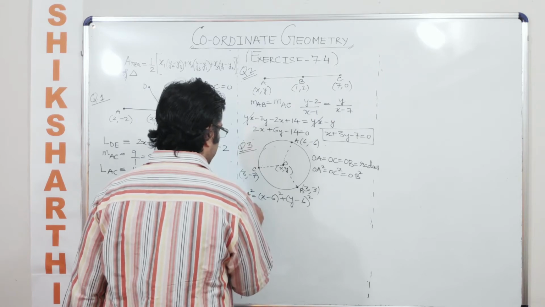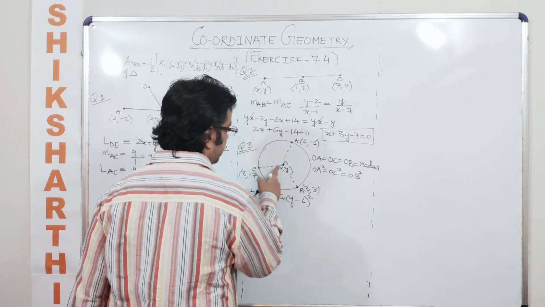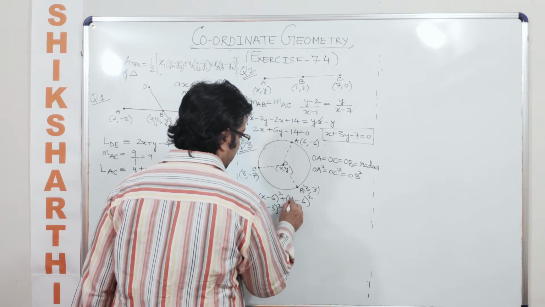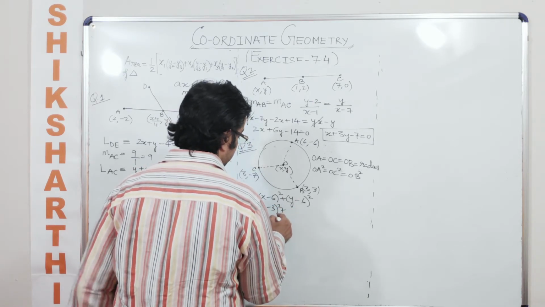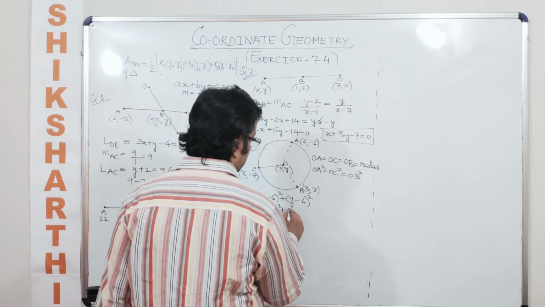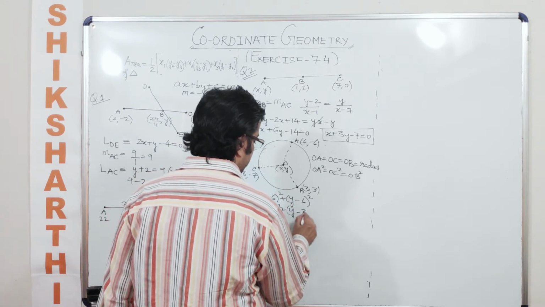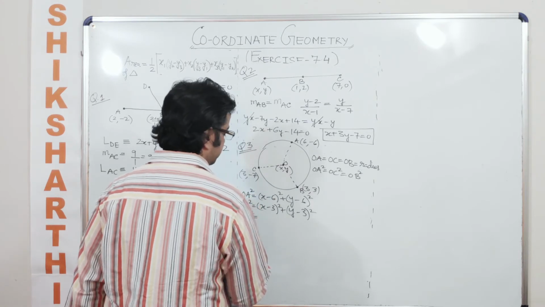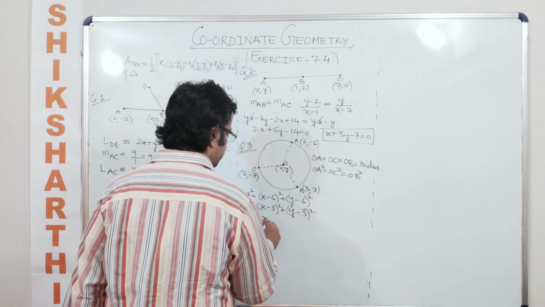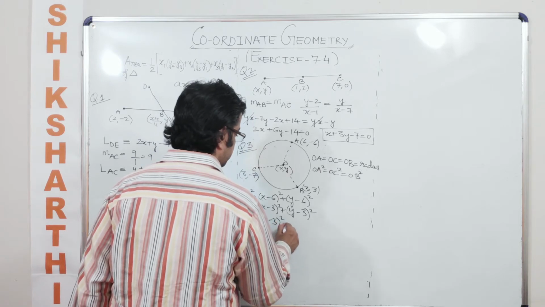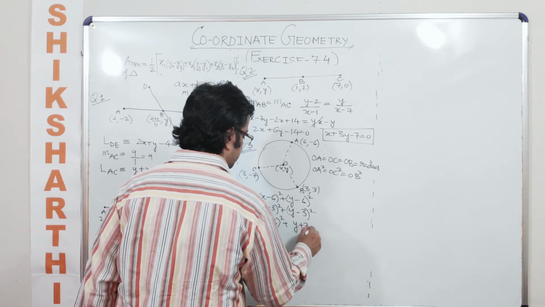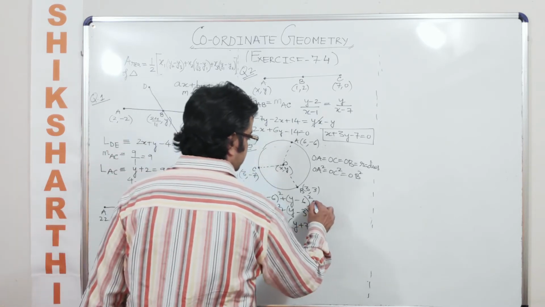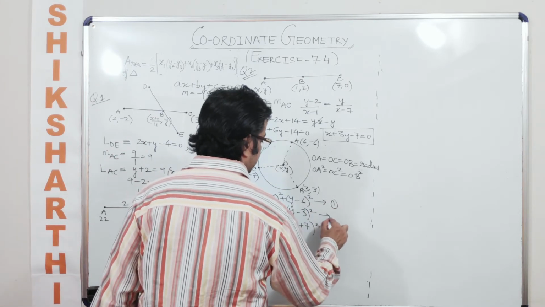Similarly, OB square is x minus 3 whole square plus y minus 3 whole square. Similarly, OC square. Let us say these are equation 1, equation 2 and equation 3.